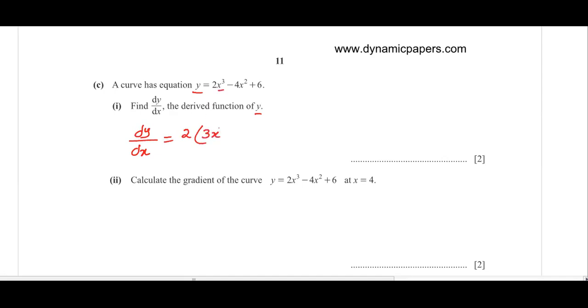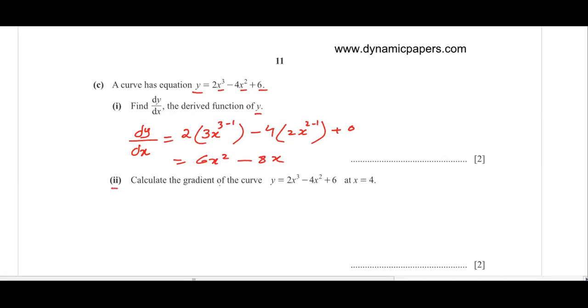Bring the power down, 1 minus from the power, 3 minus 1. Minus 4 and now apply the power rule on this one. Bring the power down, 1 minus from the power. And for this constant the derivative is 0. That will become 6x square minus 8x. So that is its derivative.